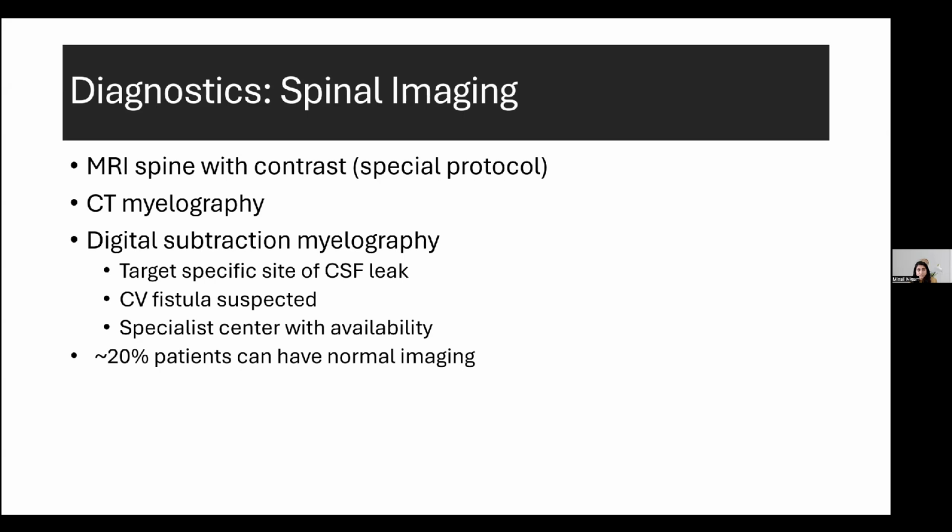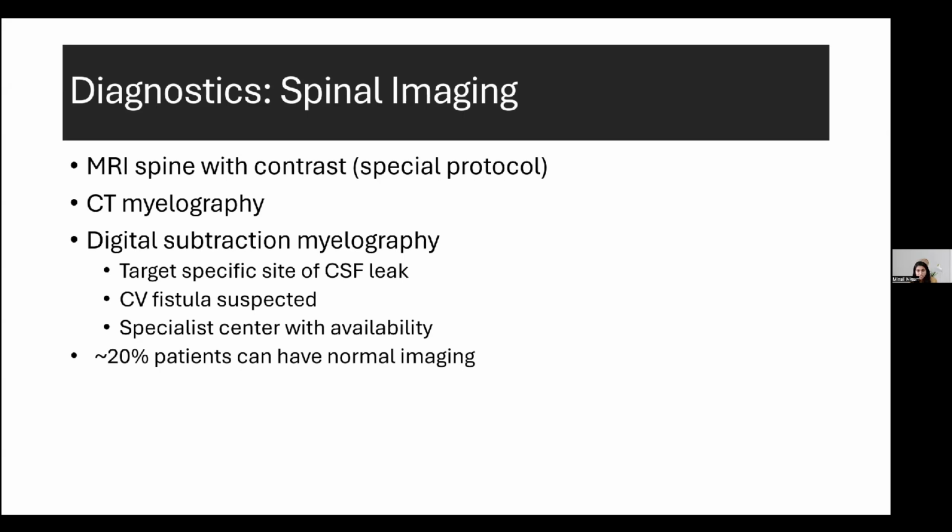And so the way that the DSM works is that we inject the dye, same into the CSF space, but instead of having a delay on when we get the x-rays, we get the x-ray right away. Unfortunately, this specific imaging is not available at all centers. Usually it's a very specialized center that has availability, and you need to have a neuroradiologist who can interpret this type of imaging.